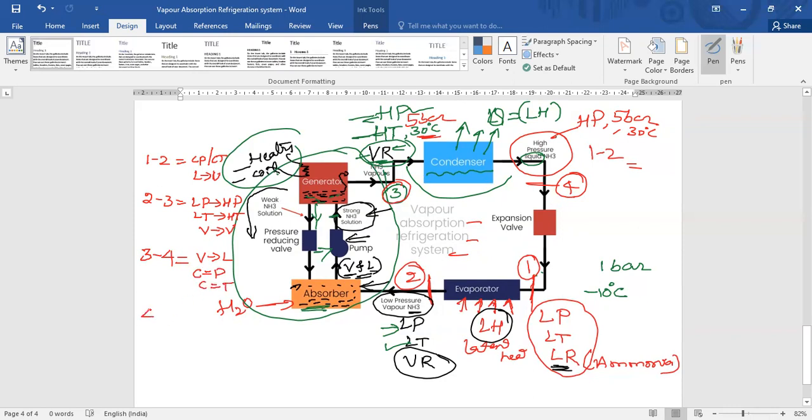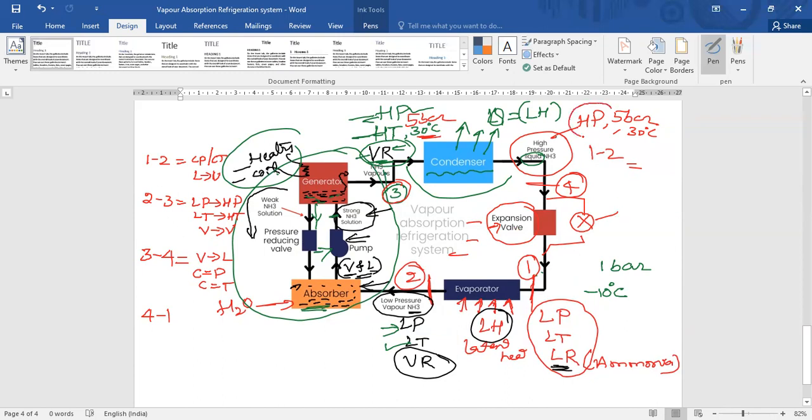And the last process is 4 to 1, that is the expansion valve. Here is the expansion valve, or you can represent it like this also. This is a symbol which is used for the expansion valve. So what does the expansion valve do? As the name indicates, expansion. When any substance or refrigerant undergoes an expansion process, the pressure decreases as well as the temperature decreases.